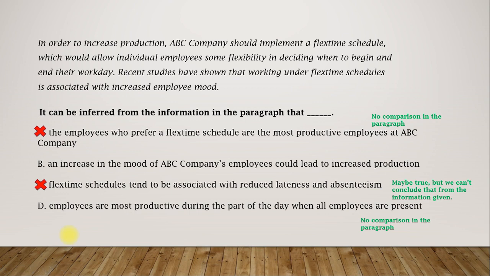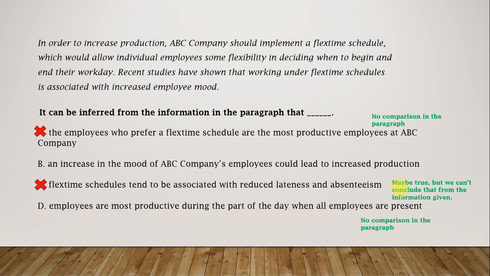And let's go back to B again. An increase in the mood of ABC Company's employees could lead to increased production. Flex time schedule will cause an increase in the mood of the company's employees, and this will lead to increased production.